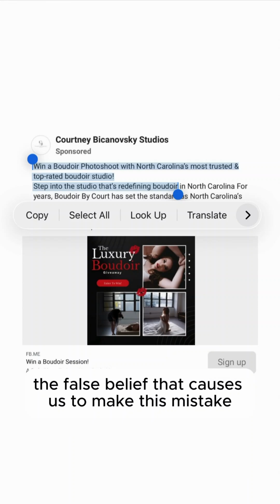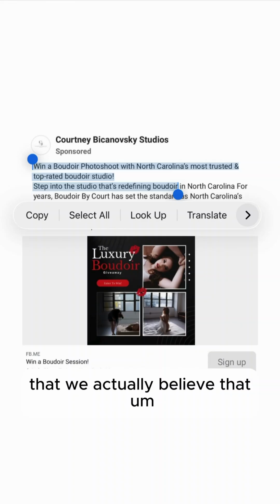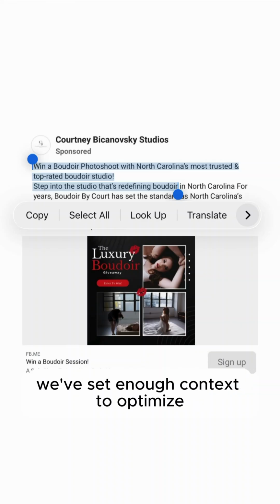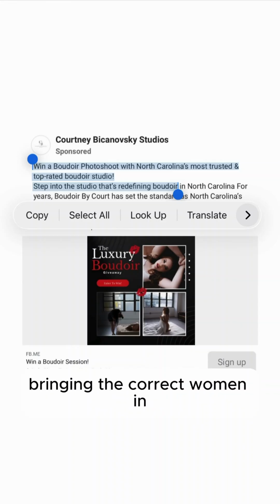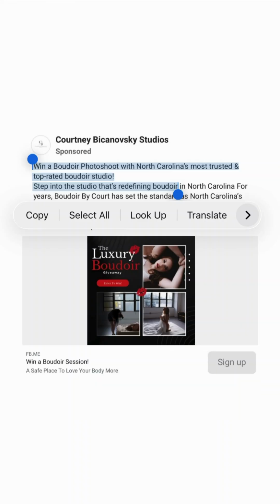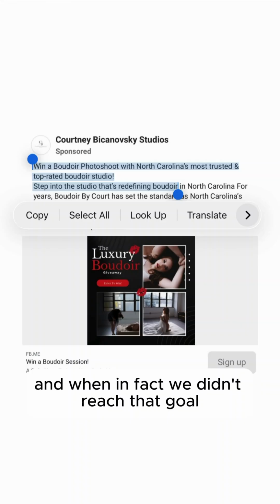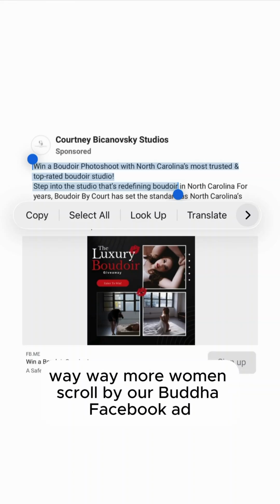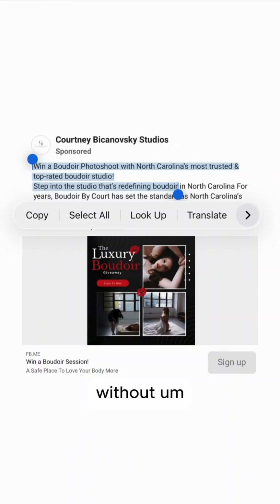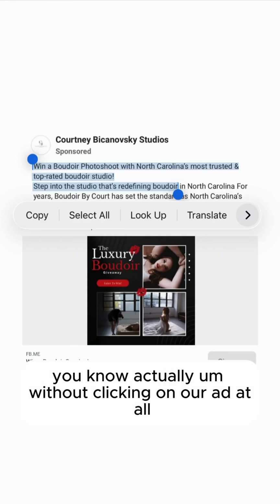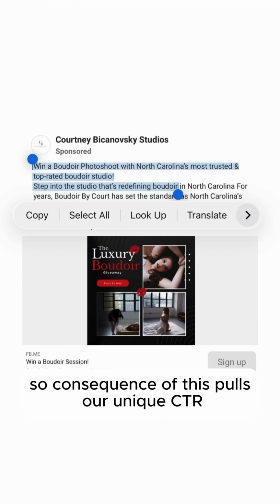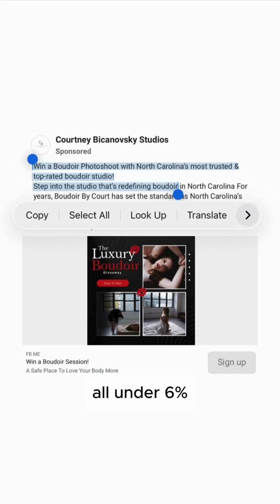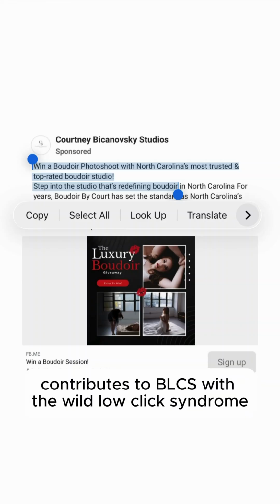The false belief that causes us to make this mistake is that we believe we've set enough context to optimize bringing the correct women in, clicking on our ad, when in fact we didn't reach that goal, and we're actually having way more women scroll by our boudoir Facebook ad than is necessary without clicking on our ad at all. So the consequence of this pulls our unique CTR all under 6%, contributes to BLCS, boudoir low click syndrome.